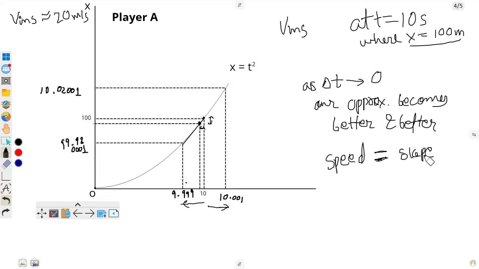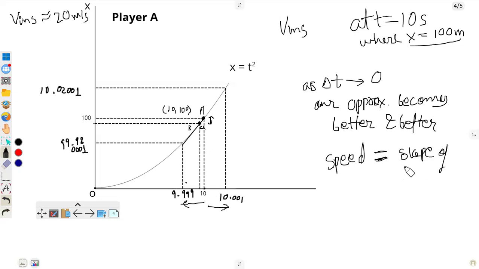Say this is point A and this is point B. The coordinates of A are 10, 100.